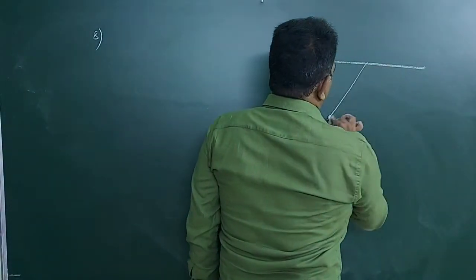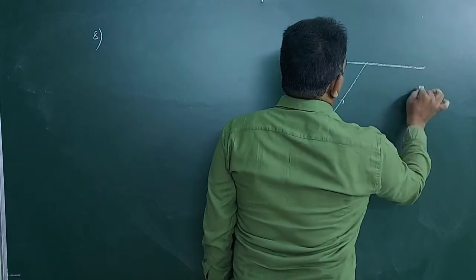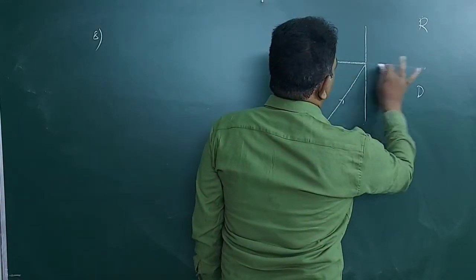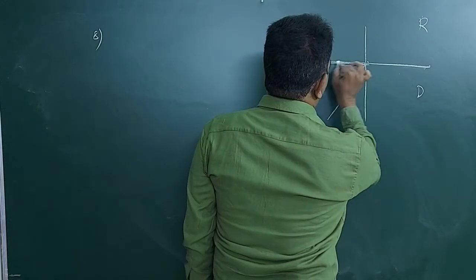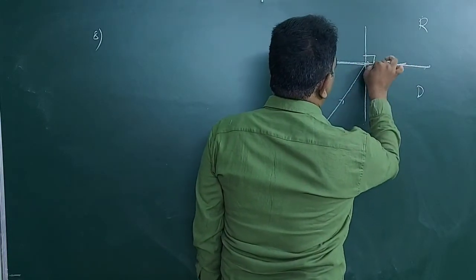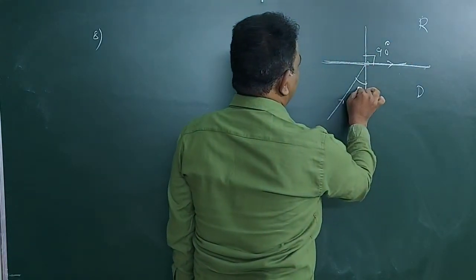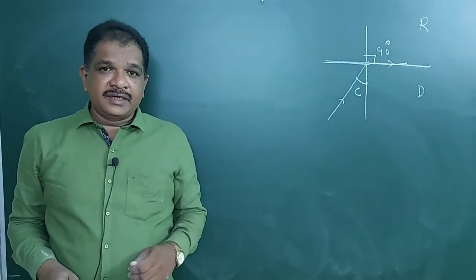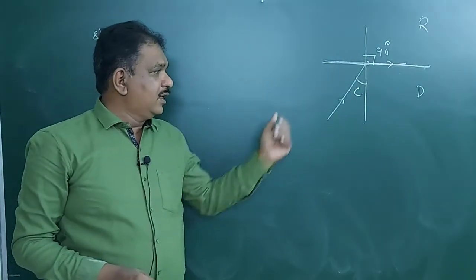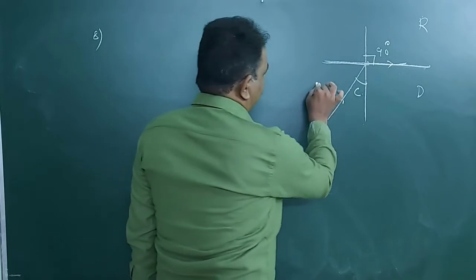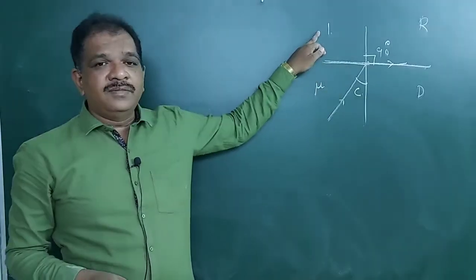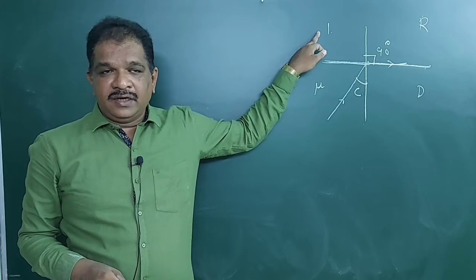Light is going from denser medium to rarer medium, for a particular angle of incidence the angle of refraction will be 90 degrees. That angle of incidence will be called the critical angle. So here this medium refractive index is mu. This medium, the rarer medium, generally we will consider it as air.